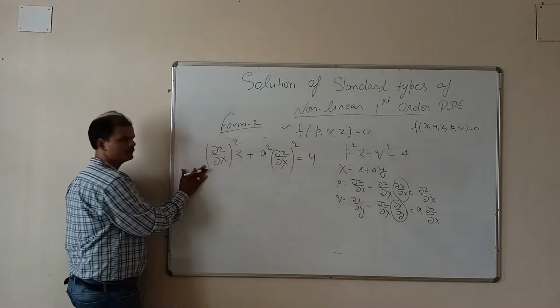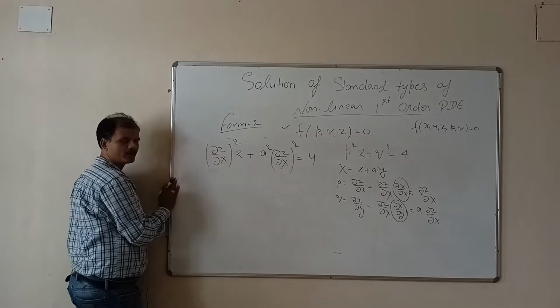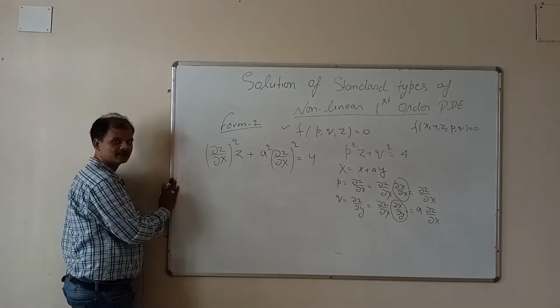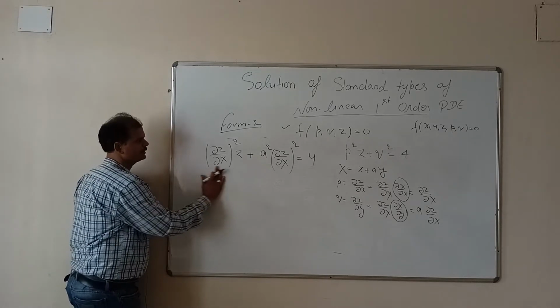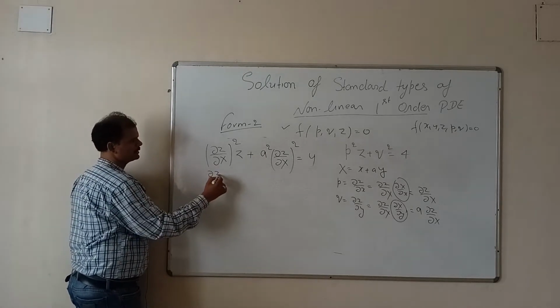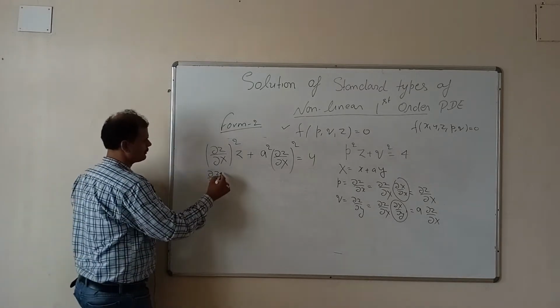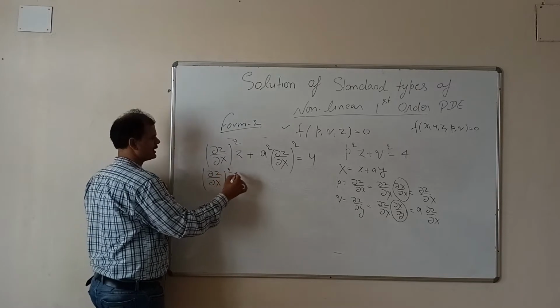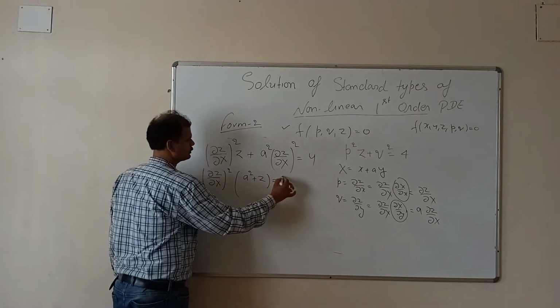If you see carefully, this is your ODE, because here z is a function of only the single variable X. So this is the ODE form. From the PDE we have converted into the ODE. Now what can we do? This del z by del X square we can take common. So we get a square plus z equal to 4.